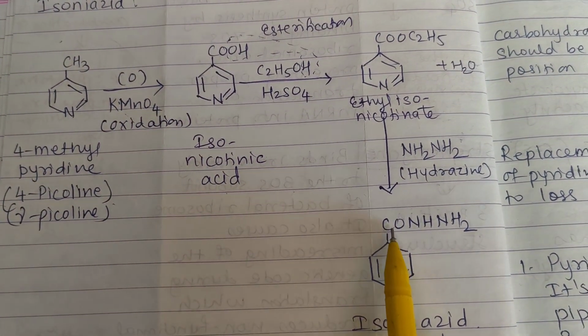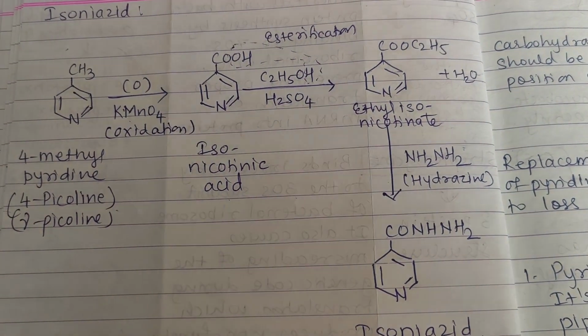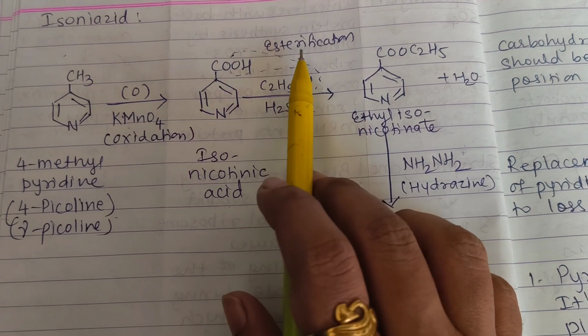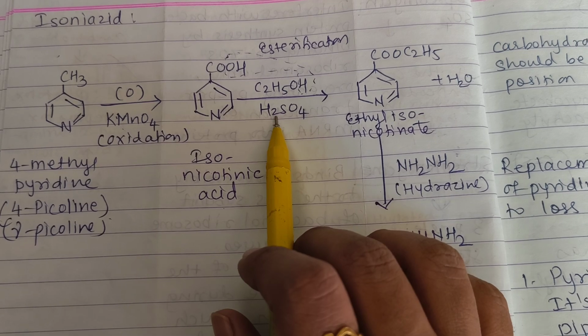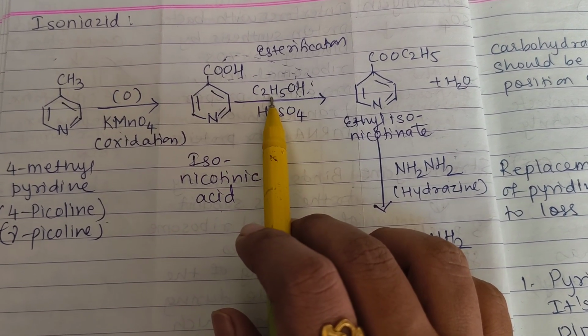Now what do we need here? We need CONH2. So we don't need COOH, so that can be esterified. Esterification can be done in acidic medium, that is acid catalyzed esterification, with ethanol, C2H5OH.